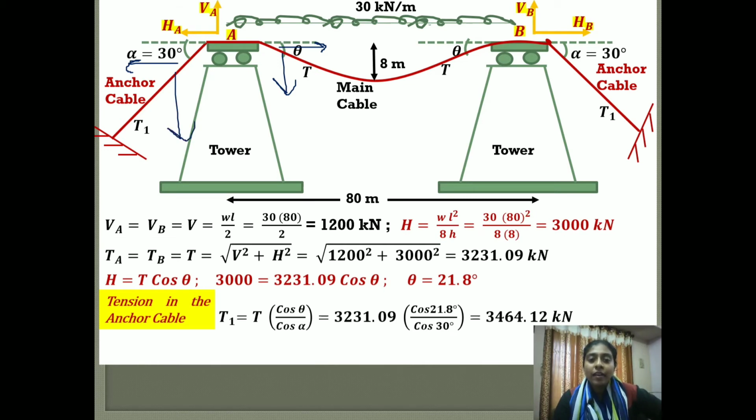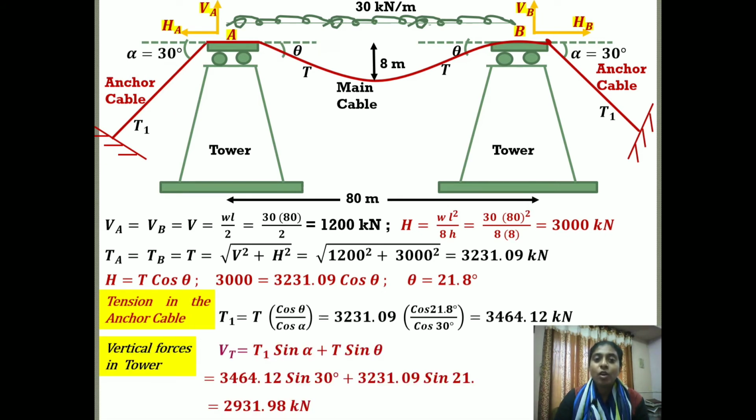If we equate the horizontal forces, this is T1 cos alpha, and this is T cos theta. So T1 cos alpha is equal to T cos theta. We get T1 is equal to T into cos theta by cos alpha. So from this we get T1 is equal to 3464.12 kilonewton.